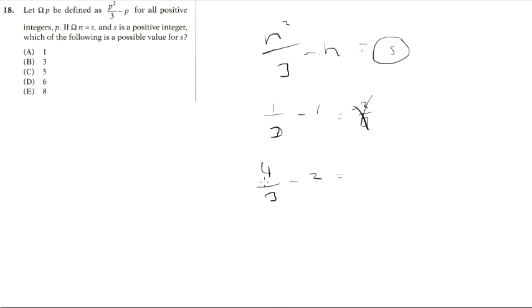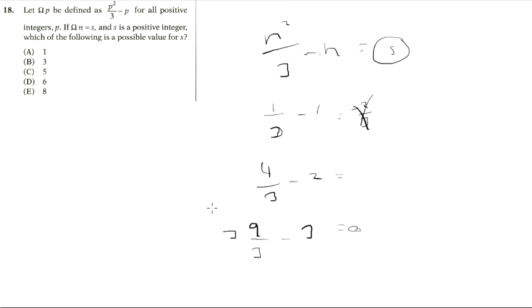If we say 3 here, 9/3 minus 3, this is going to reduce to 3. Okay, so 3 minus 3 is 0, which is not positive.